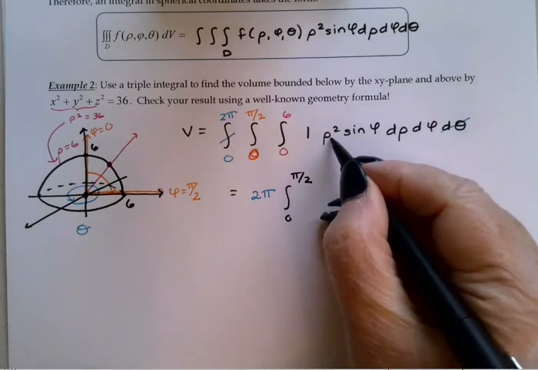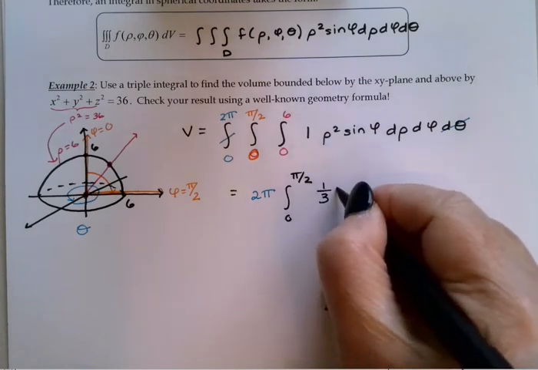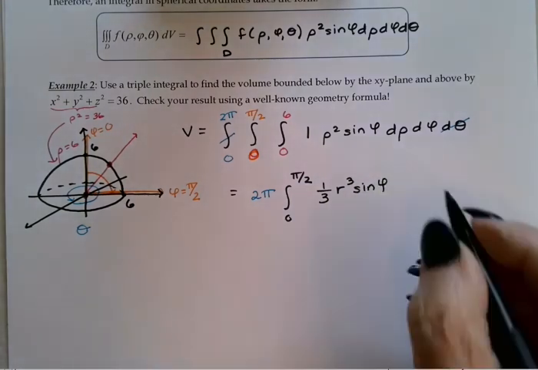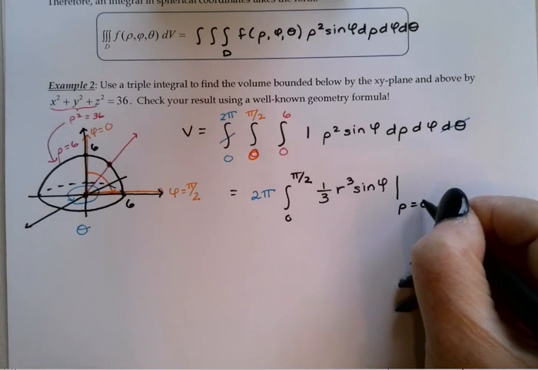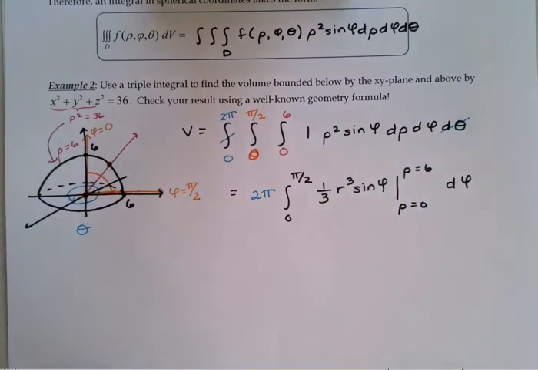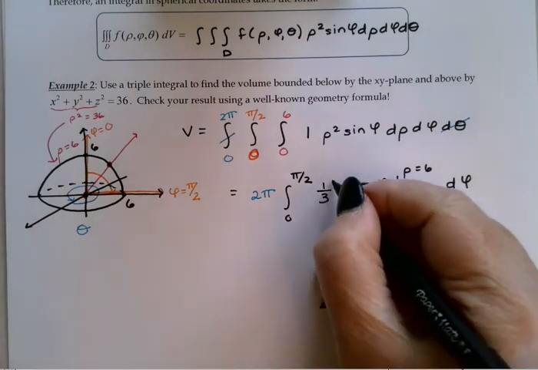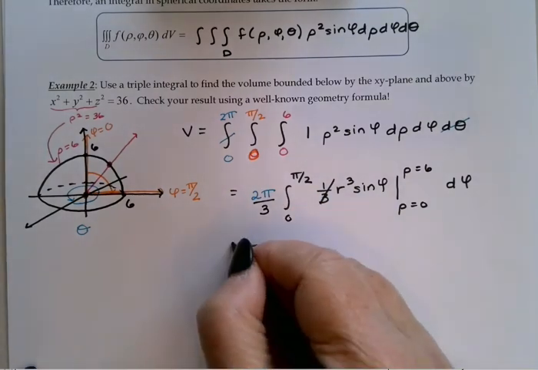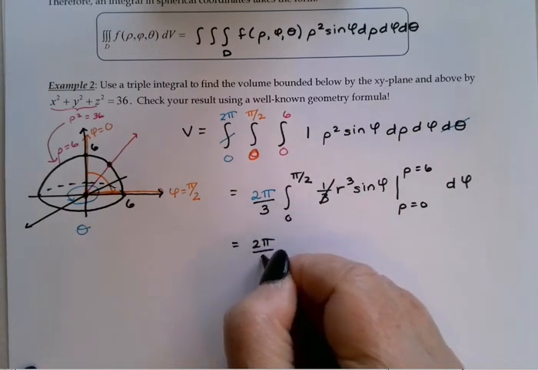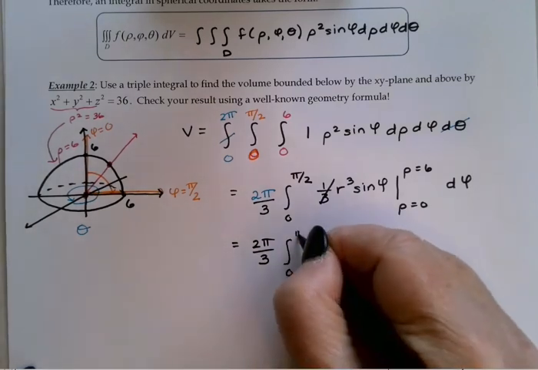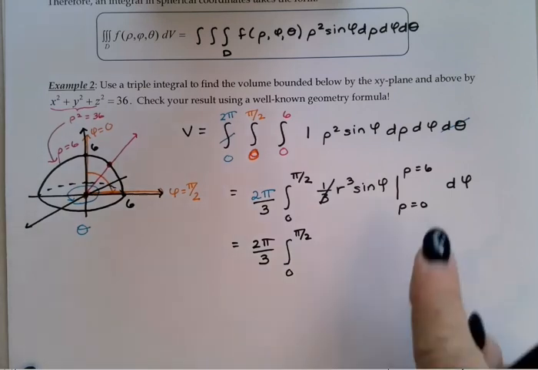I'll get a 1/3 rho cubed sine phi, evaluated from rho equals 0 to rho equals 6, d phi. Just to make this a little easier on myself, I'm going to take that 1/3 and get rid of it here and put a 3 in the denominator out there. So I have 2 pi over 3 times this integral from 0 to pi over 2.